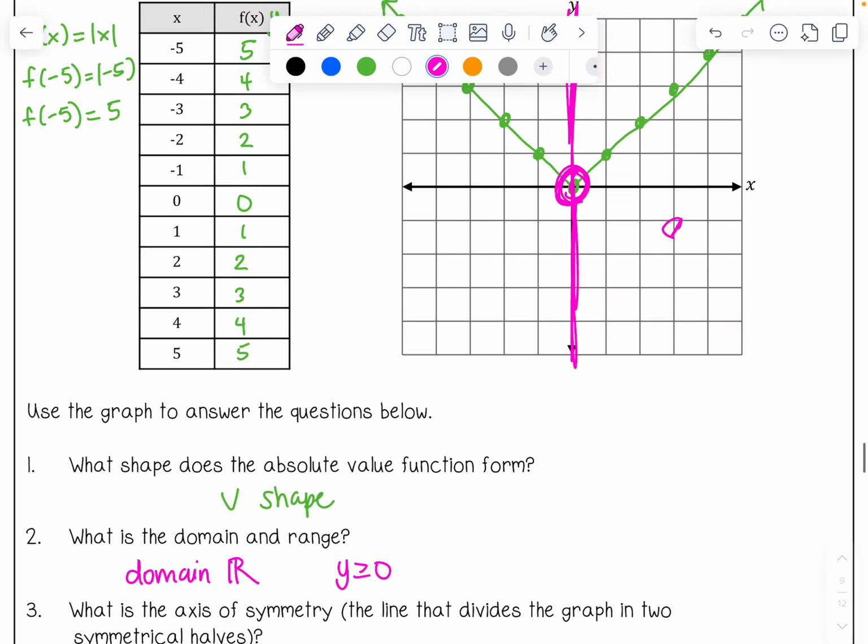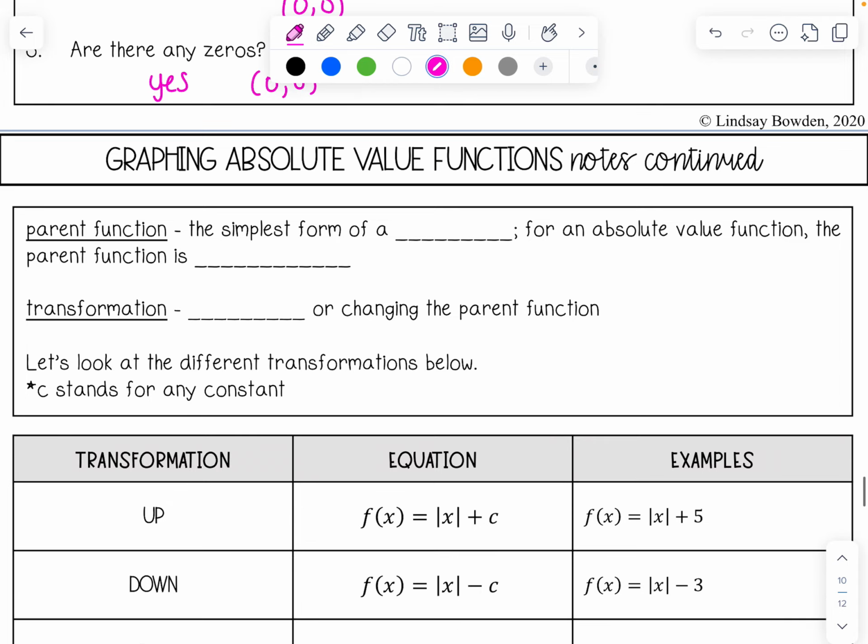You can also have transformations for absolute value. So remember, the parent function is the simplest form of the function. For an absolute value function, the parent function is f of x equals the absolute value of x. A transformation of that graph would be moving or changing the parent function.